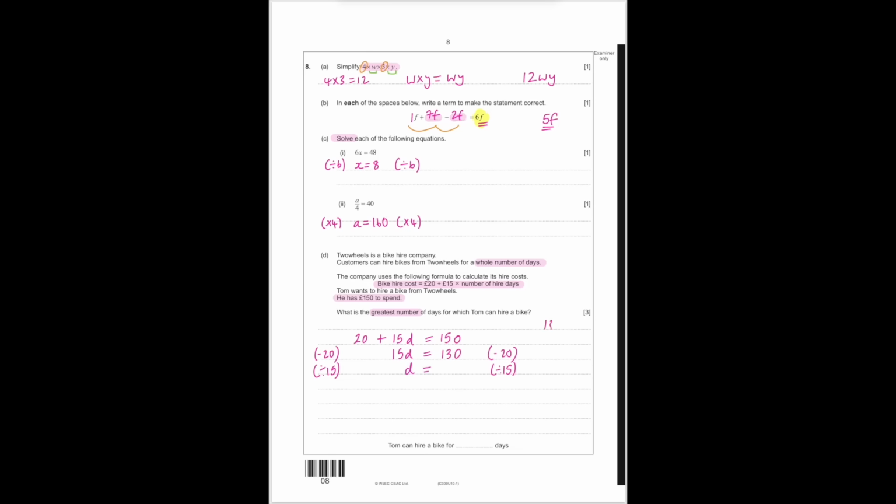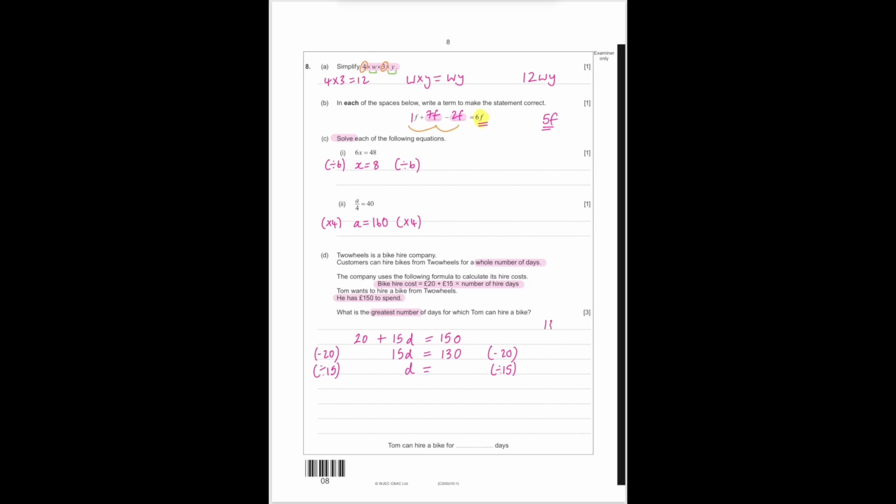So I'm going to do some calculations here. I'm going to count up in 15. So 15, 30, 45, 60, 75, 90, 105, 120, 135. So how many 15s go into that 130? 1, 2, 3, 4, 5, 6, 7, 8 takes us to 120.